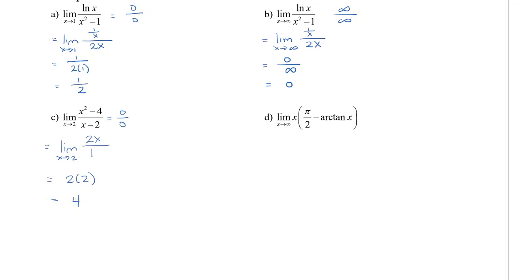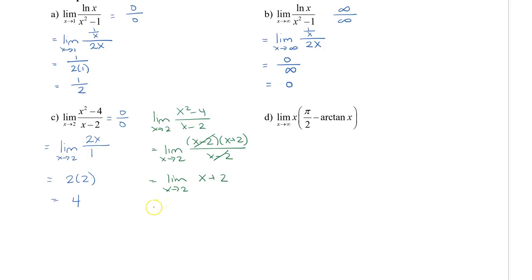Now note that in this question, I can also do it the other way that we learned right at the very beginning of the year. We can factor the numerator to be x minus 2 times x plus 2 divided by x minus 2. So now I have the limit as x approaches 2, these cancel off, of x plus 2. And notice we still get 4.